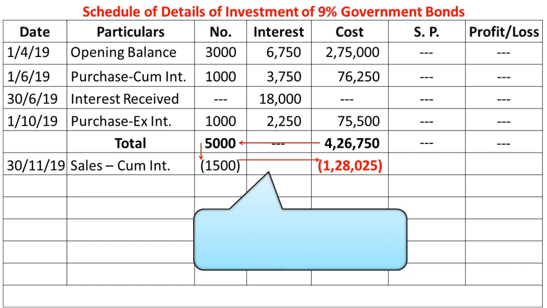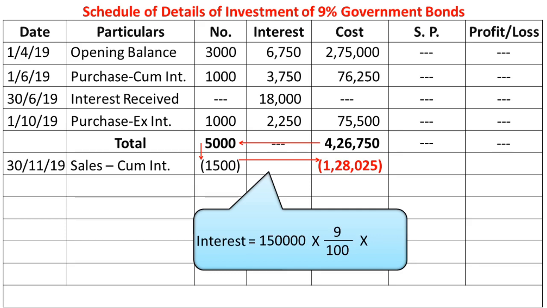So first of all we need to calculate the amount of accrued interest. 1500 multiplied by 100. So the total nominal value of investment sold is 1,50,000 multiplied by 9% multiplied by the period of accrued interest.